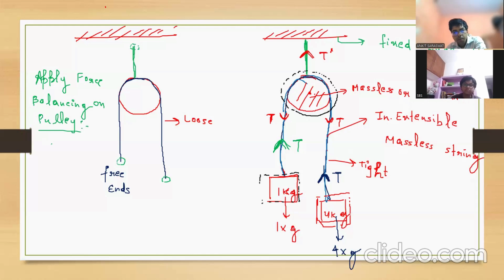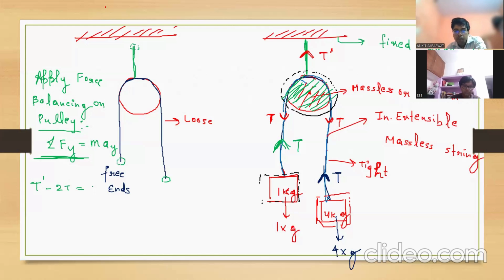So because all the forces are acting in the y direction, the net force in the y direction is equal to the mass of the system multiplied by its acceleration. Now the net force in the y direction in the case of the pulley: the pulley is my system. Up positive, down: T minus T, that is 2T, equals the mass of the pulley, which is negligible.